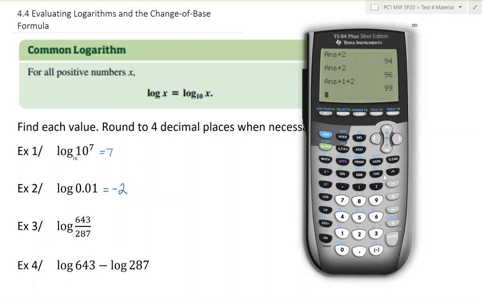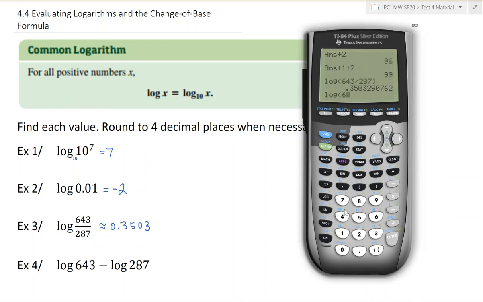So we have the log here, log of 643 divided by 287, and that is approximately 0.3503.